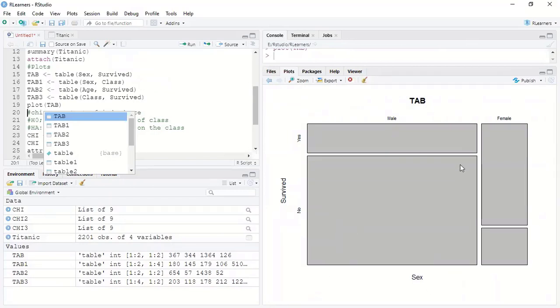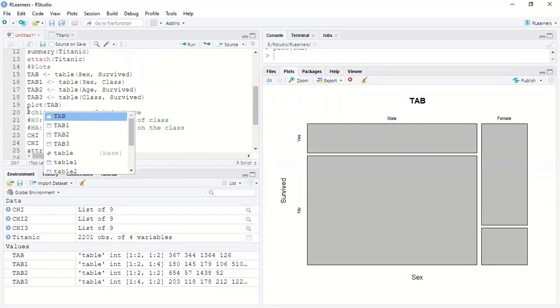Proportionally more males did not survive than survived, and proportionally more females survived than did not survive. You can see the size of this box shows the number of people. These are mosaic plots. So it shows you the proportion and also the numbers which were higher. So the females who survived are more, even though their number was smaller.